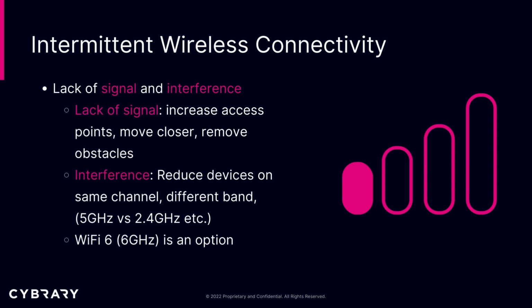If that band is saturated as well, and there are a lot of devices on it, you can try the new 6 gigahertz band, which is Wi-Fi 6E, ratified in July 2020. However, in any event, what you're doing is trying to find a free channel that you can use so there won't be as much interference from other devices.